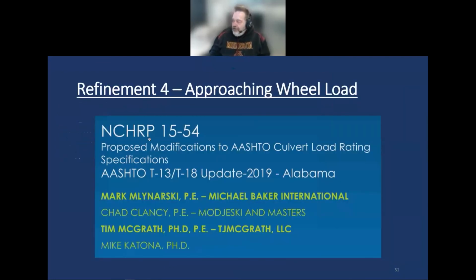Our last refinement is refinement 4, and it's basically utilizing the approaching wheel load as opposed to the standard uniform surcharge that's been used. I talked to Arlen Ottman and I said, Arlen, has it always been the live load surcharge uniform pressure? And Arlen said, yes.